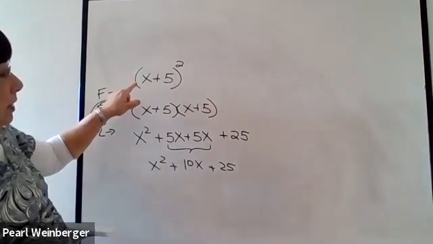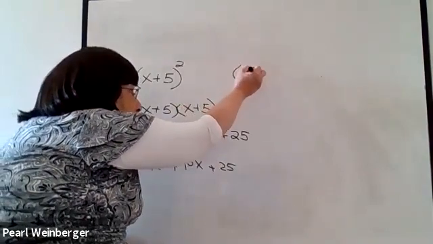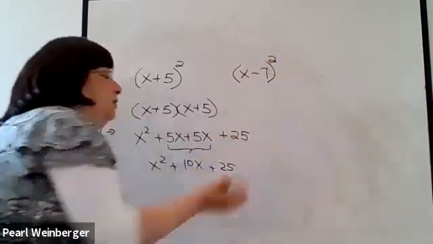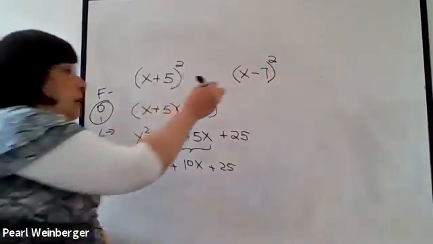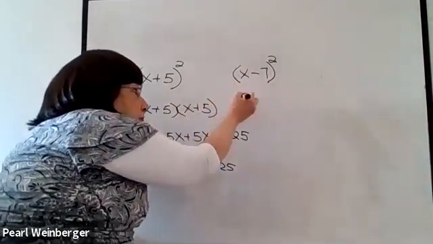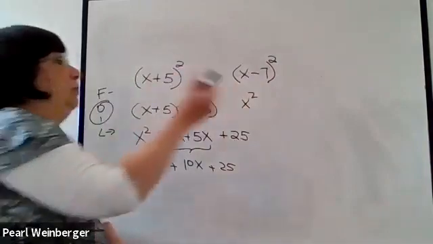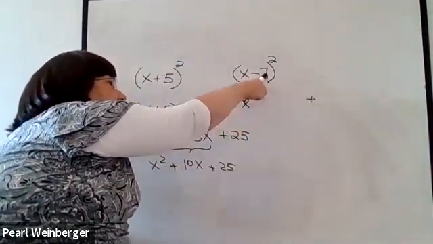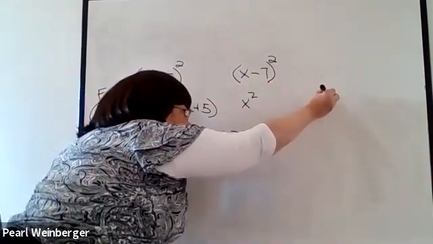So again, I'm going to do another one. If I wanted to do x minus 7 squared by this shortened method, by just looking at the pattern, I know that my first term would have to be x squared. I know my last term would have to be the negative 7 times the negative 7, the negative 7 squared, which is 49.